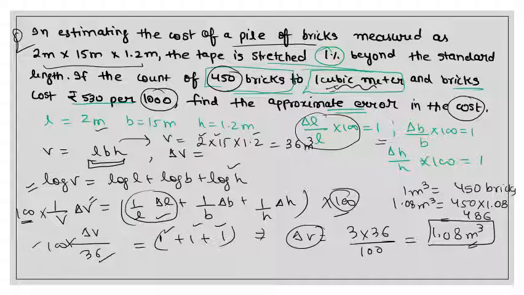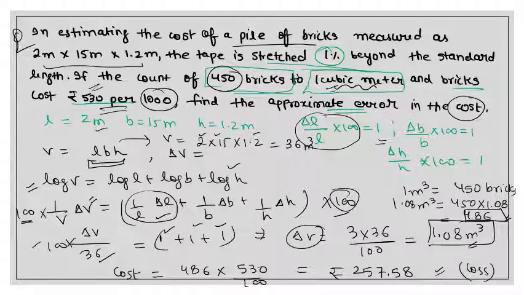Now we have to find out the change in cost. For cost, it is 530 per thousand, but what we have got is 486. So actually there will be a loss of this much amount to the mason, to that contractor. So this is how you can apply the significance of partial differentiation in questions.